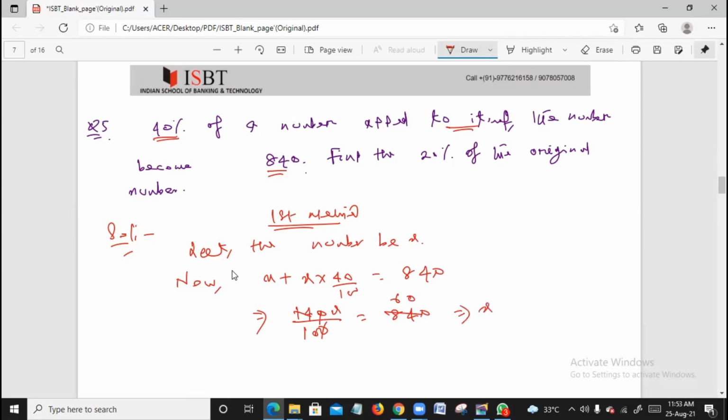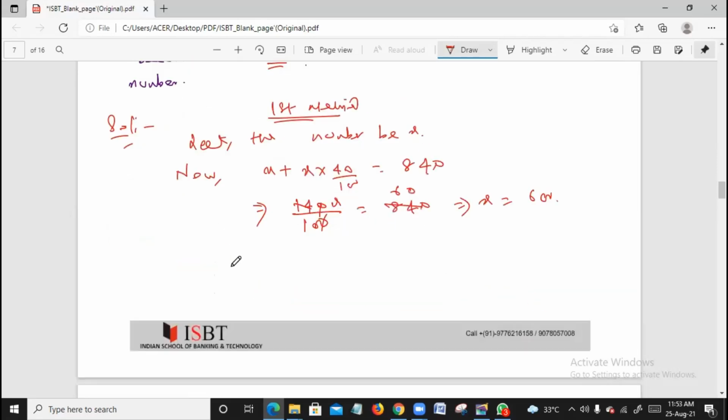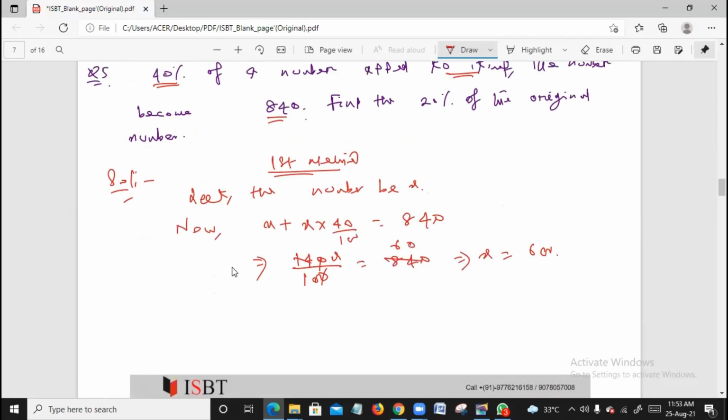Now the x value is 600. Okay. The question is find the 20% of the original number. The original number is 600. Now 600 का 20% कितना हुआ? 120. Okay.